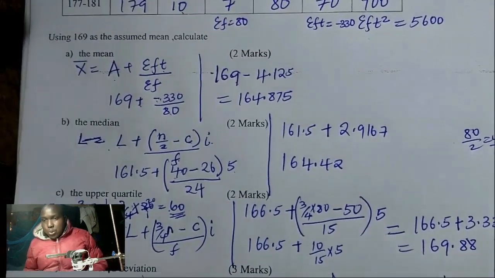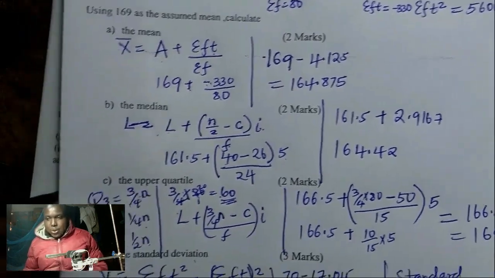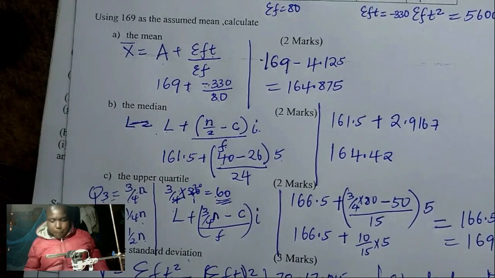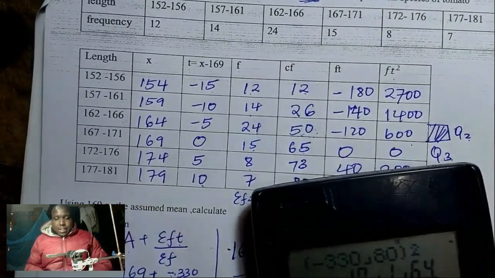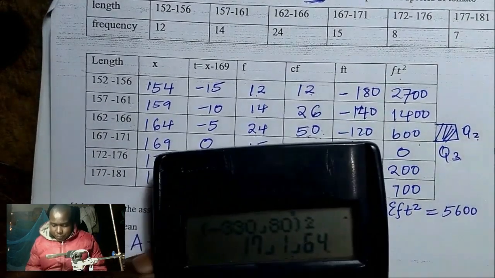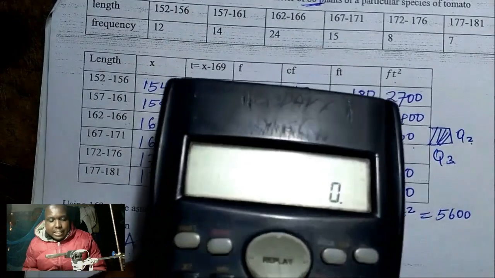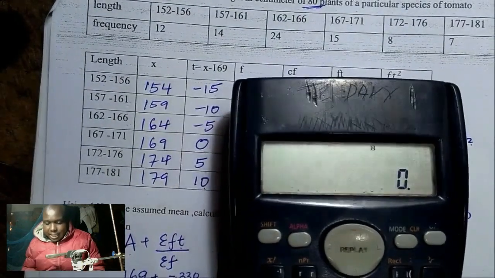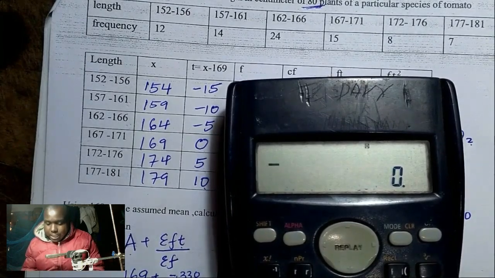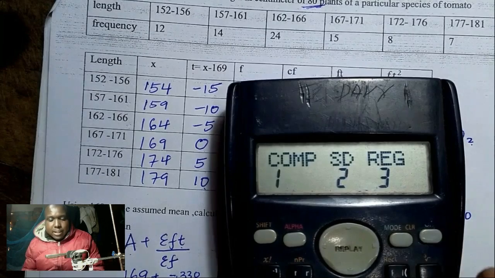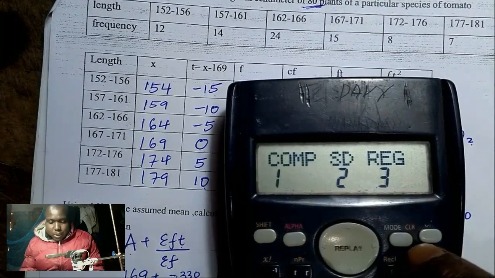Now I want to show you how to use the calculator to get the standard deviation and the mean, to confirm. So this is our calculator and this is our data. In our calculator, make sure your calculator is in the SD mode. So how do you put it in SD mode? Press mode.